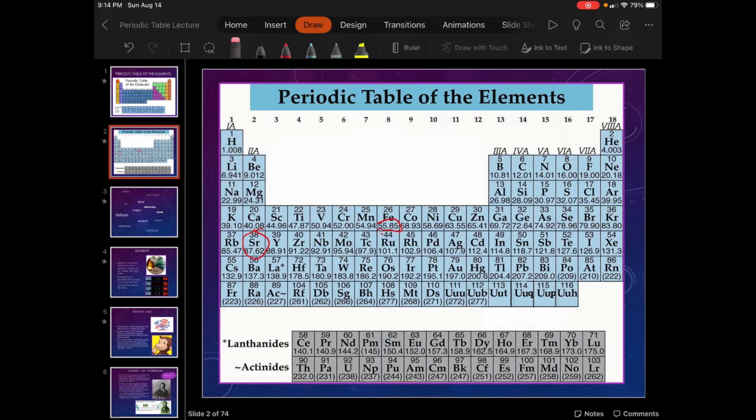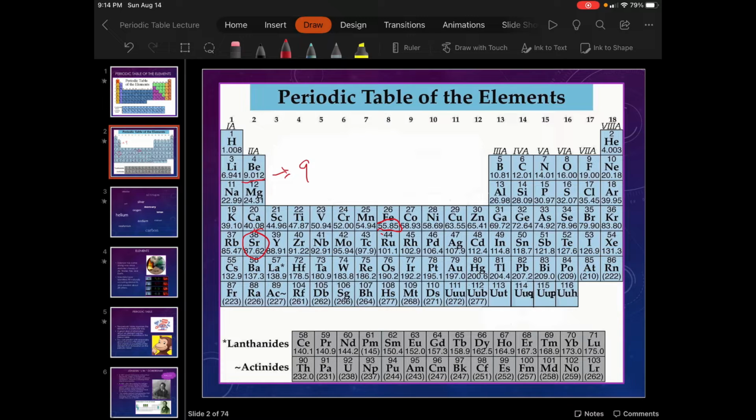What's missing is the atomic mass, or the average atomic mass unit. Again, remember that this number is based on an average of the multiple isotopes that exist in nature.